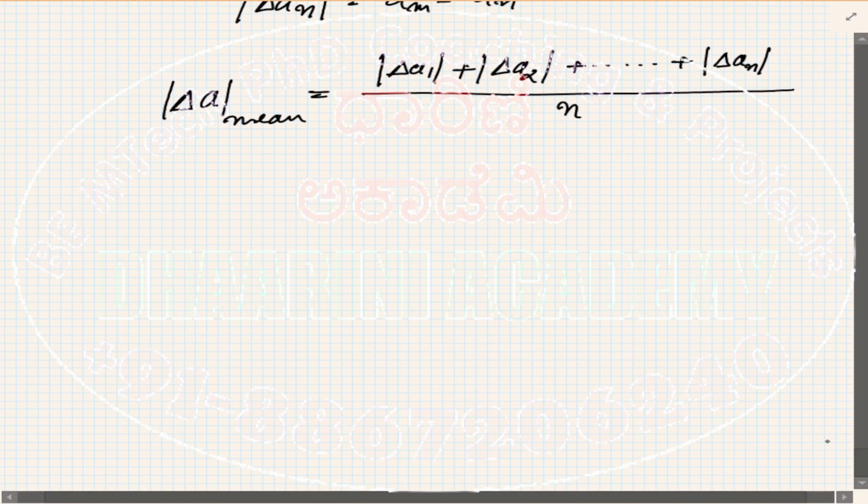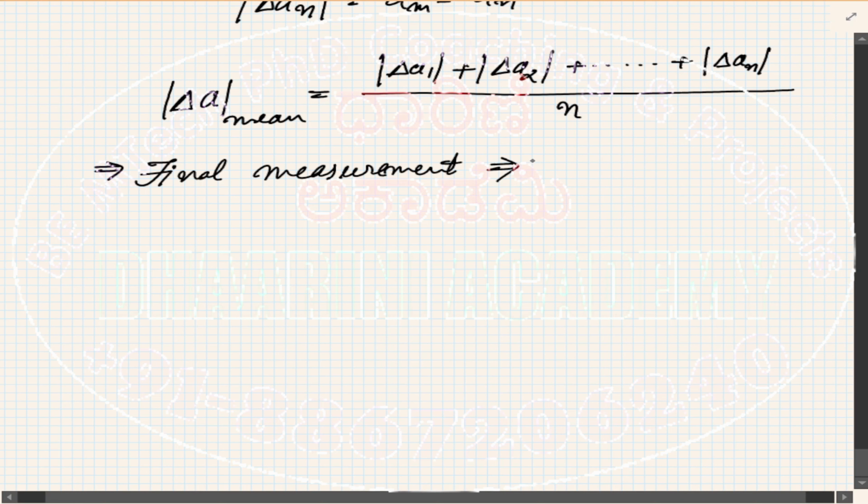Okay, so when we have the mean absolute error like this, the final measurement could be, this is my final value of A, AM plus or minus this delta A mean.